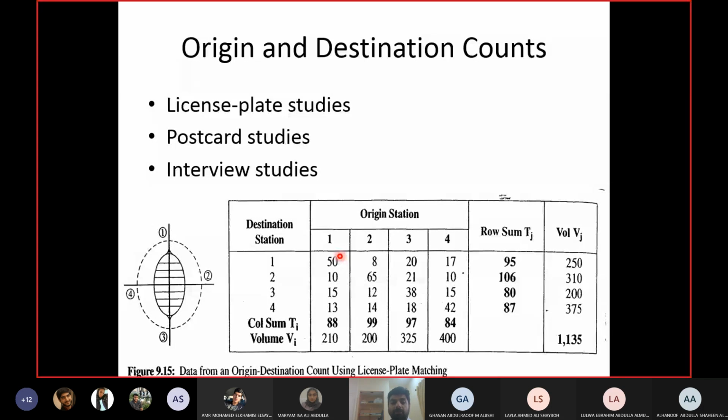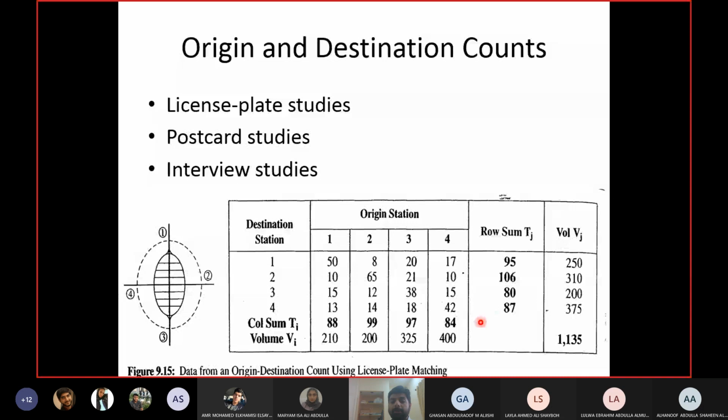And then you will recalculate. When you change all these values, the summation of the rows and columns will change, right? The volume is coming from the field, it will never change. Only the values of the matrix are changing, so the summation of each row and column will change.